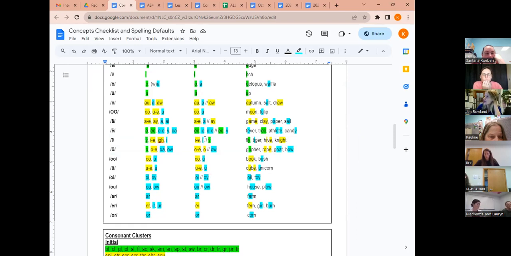When I look at my concepts checklist, I can see here final Y is now a part of my PG mapping, like Kara was just saying. So we say I, the student's response is final Y, and you're following that script. You can see here, final Y, keyword card is fly.